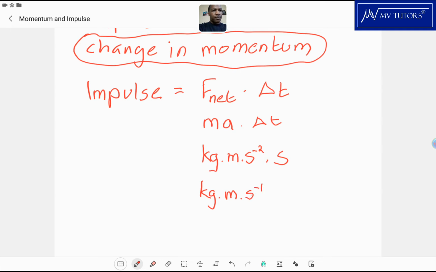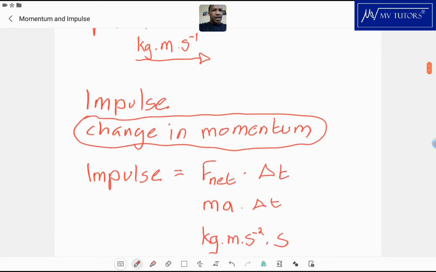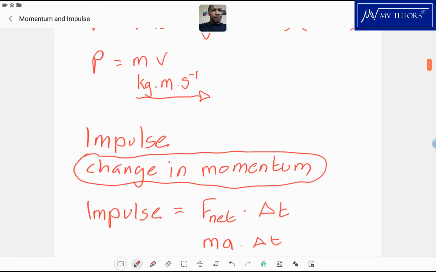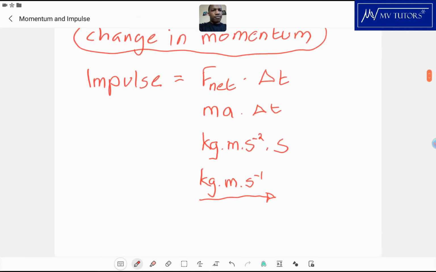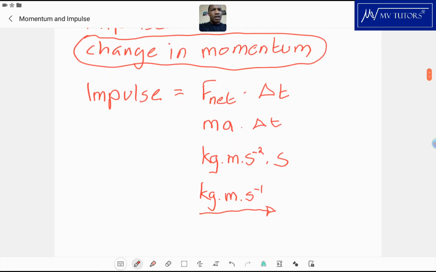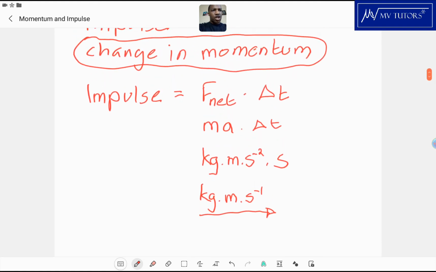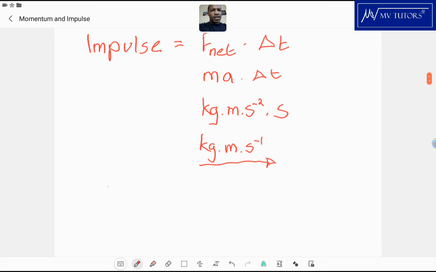Now if you look at this, these units are exactly the same as the units of momentum. So therefore, impulse is just the change in momentum. We can say the change in momentum, change in p, is equal to F net times change in t.